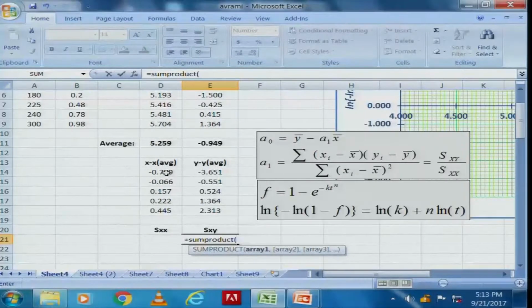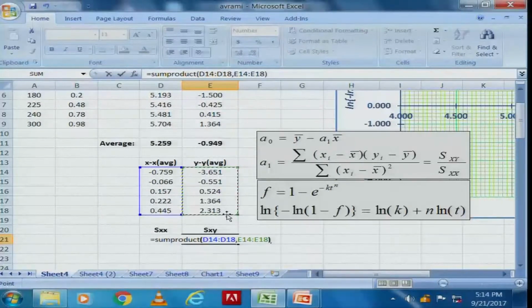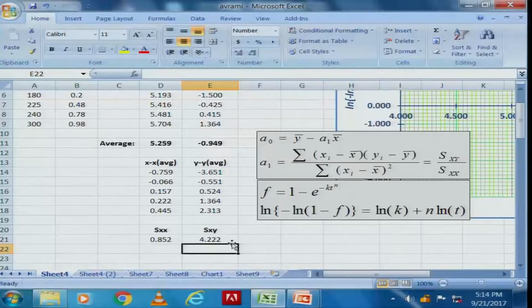The first set of values x minus x average, comma, I give the second set, and what this spreadsheet will do is first multiply this and this, add the product of the second pair and the third pair, and so on. This gives me Sxx and Sxy.